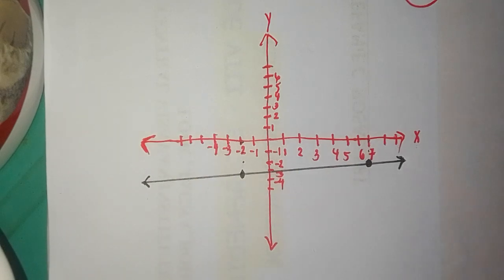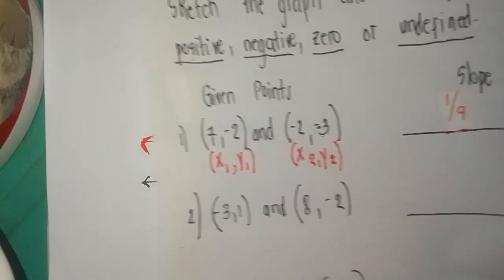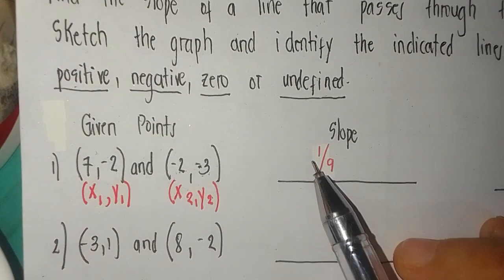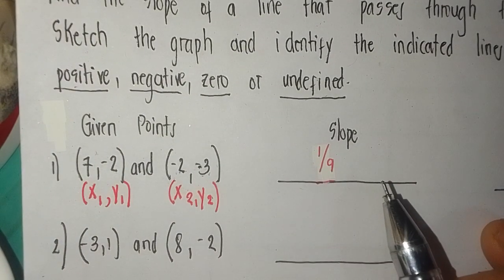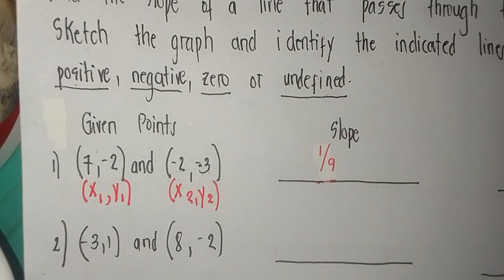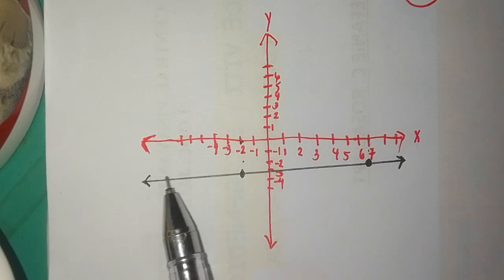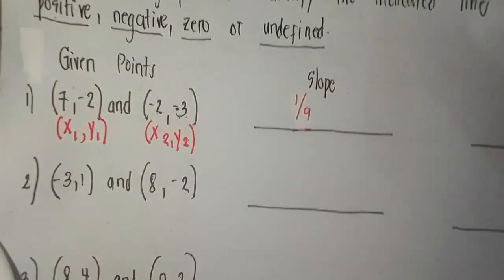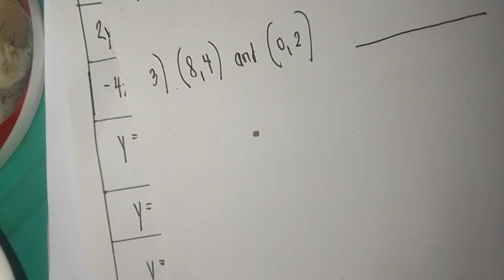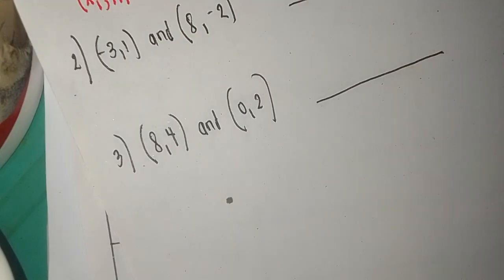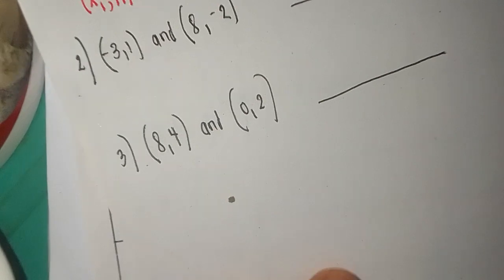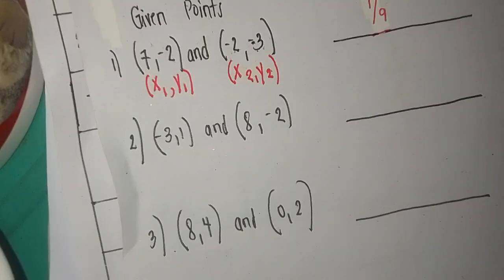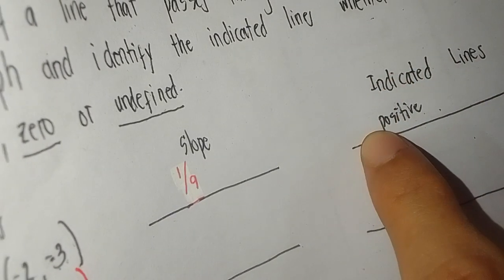As you see, going back to the value of our slope, we have 1/9. And as you observe, 1/9 is positive, right? So that is why our linear graph is going upward, because the slope is positive. So the answer for the indicated line is positive.